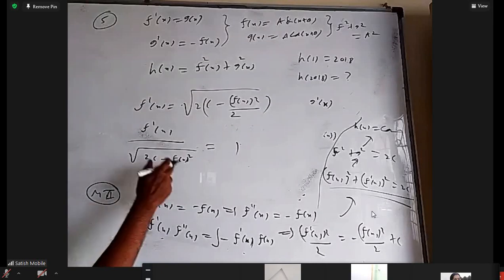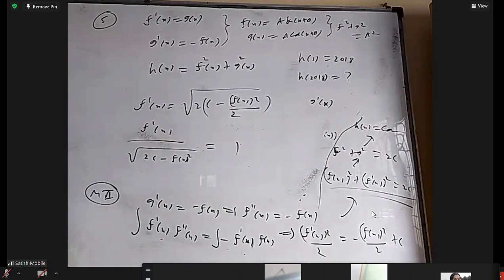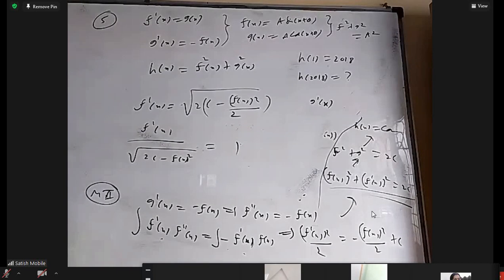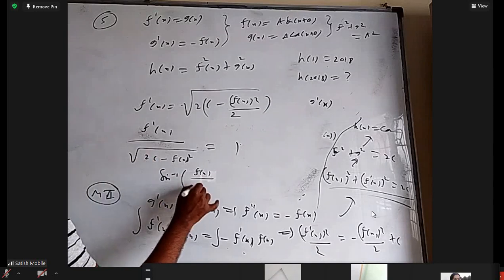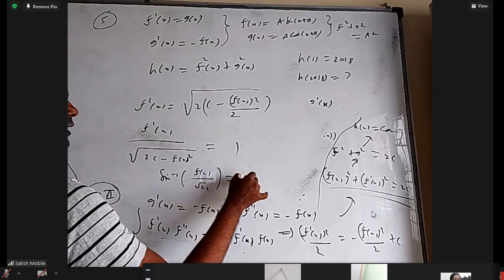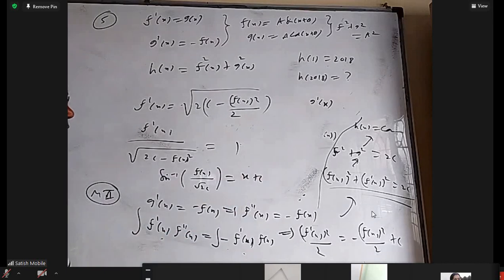Okay, this is for this is a derivative. Basically, it is like dx by root a square minus x square, whose integral is sine inverse of x by a. So you're going to get sine inverse f of x by root 2c is equal to x plus c. So you take sine here, root 2c this side.